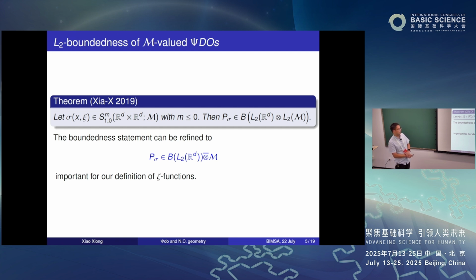Knowing that the operator belongs to this smaller algebra gives us the convenience to first do the functional calculus, and then take the tensor trace with respect to this von Neumann algebra. Okay, we will come back to this point later.